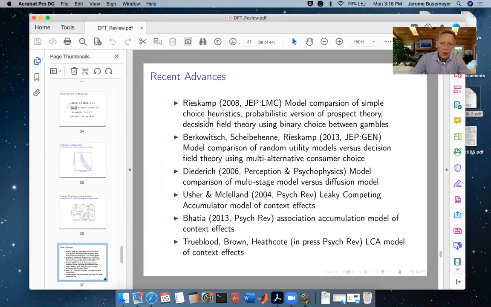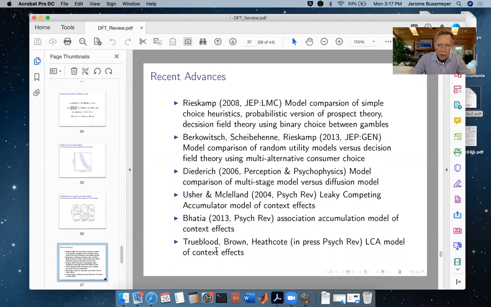Now, we've gone beyond these effects, and other people have, since our model, developed competing models. After we proposed our model, Usher and McClelland proposed a leaky competing accumulator model that also can explain all these effects. And Bhatia proposed an associative accumulation model.